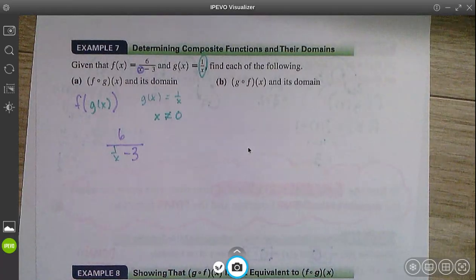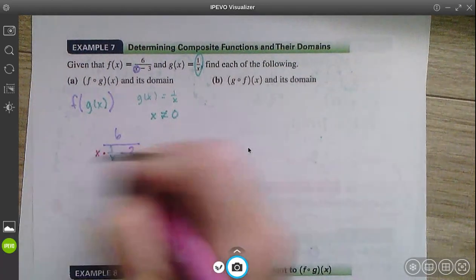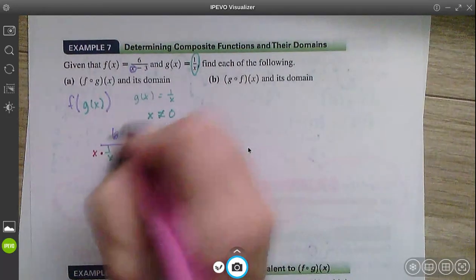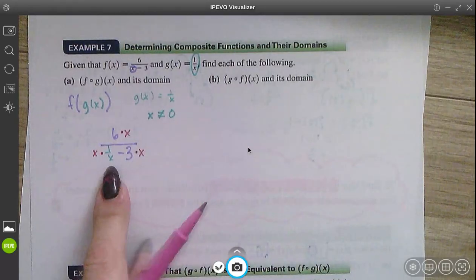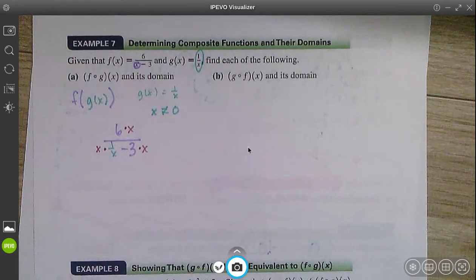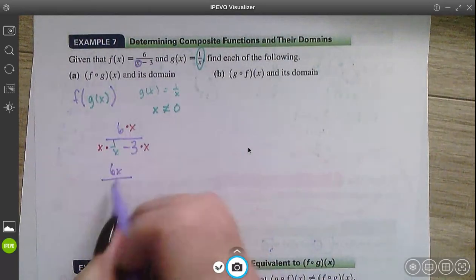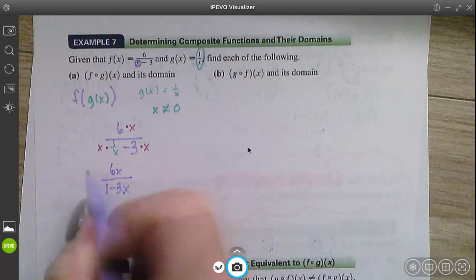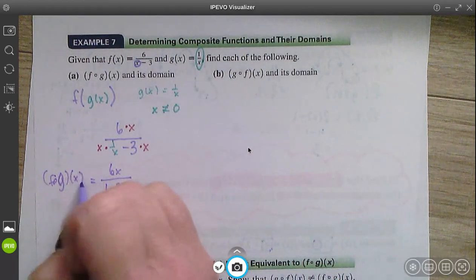So I am going to fix the weirdness by multiplying each term in the numerator and denominator by that denominator of x. That's going to clear things up. So then that's going to give me 6x in the numerator, and the denominator will be 1 minus 3x. This is going to be the answer to f circle g of x.